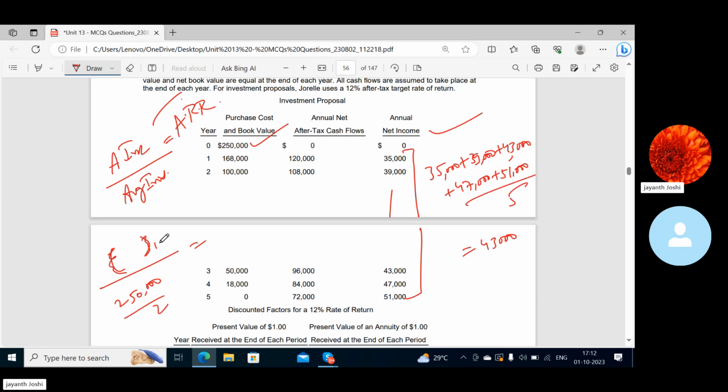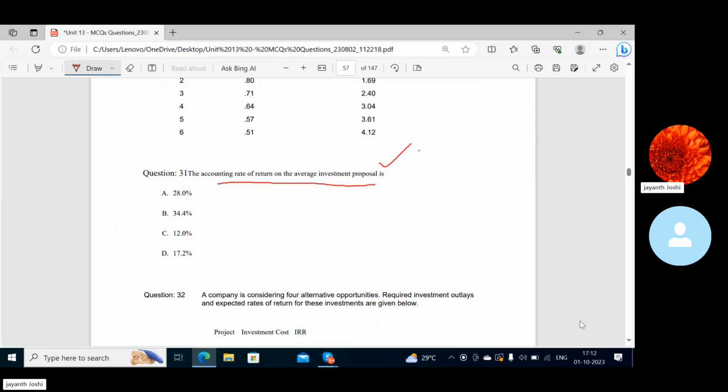So put it here and then you can divide by 125, right? What's the answer? 0.344. 34.4%, right? Okay.